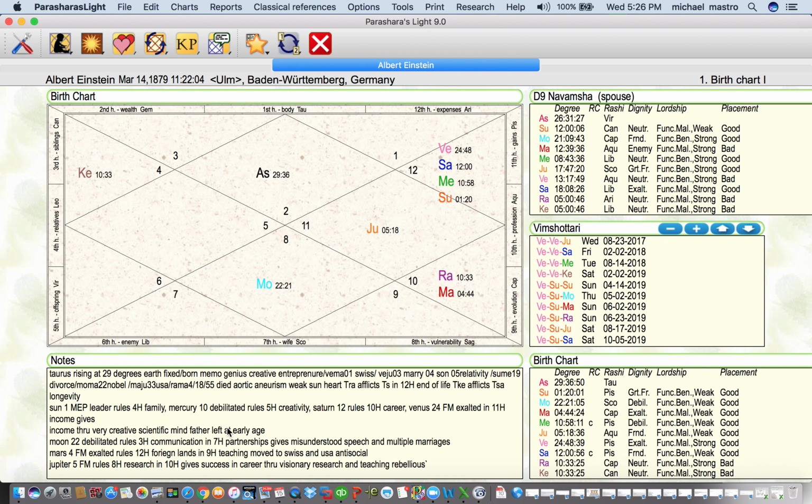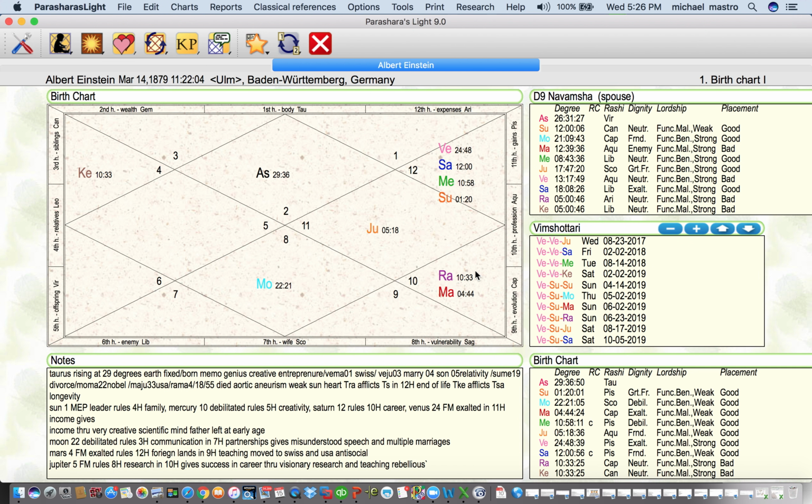And then let's see here. He died during a Rahu-Mars period, April 18th, 1955, of an aortic aneurysm. So the weak Sun has something to do with that. Sun is heart, represents heart. Rahu and Mars.